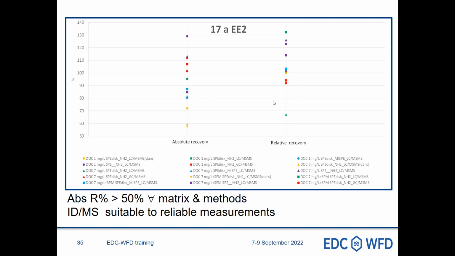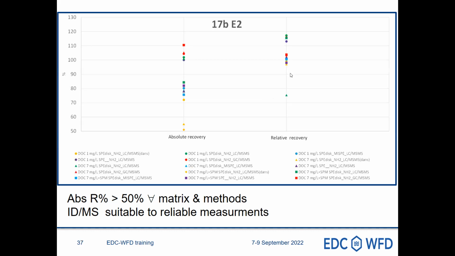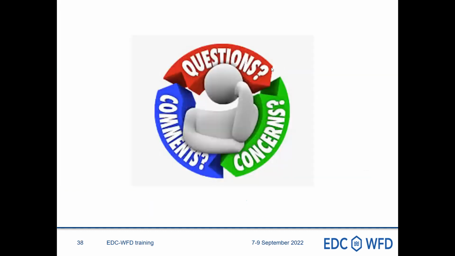We are lower than the others. Here, the same picture for 17 alpha estradiol, and the last one for 17 beta estradiol. So once again, key message, IDMS is really key to have reliable measurements, and the purification step is really key to have matrix effects under control. So on these 2 points, do you have questions, remarks?